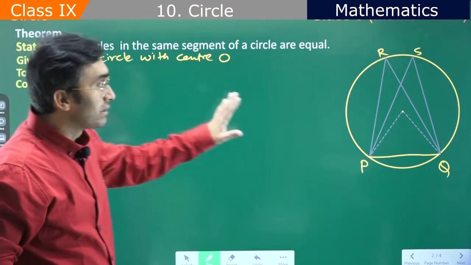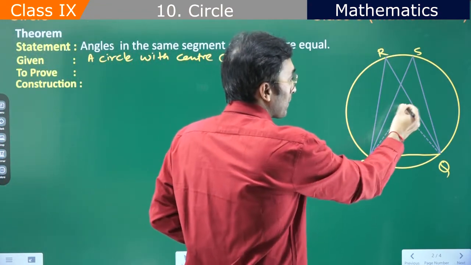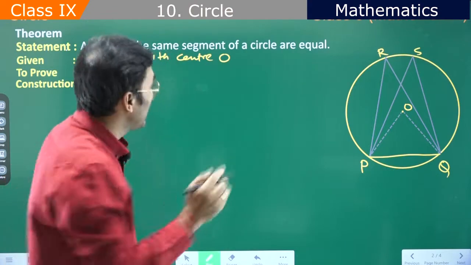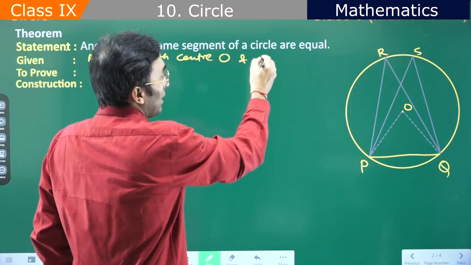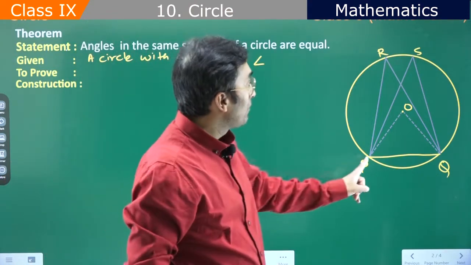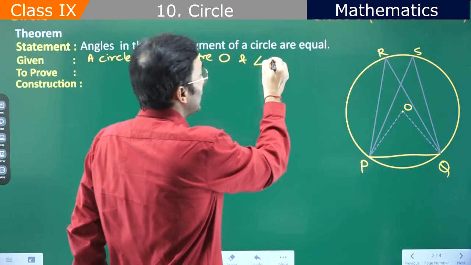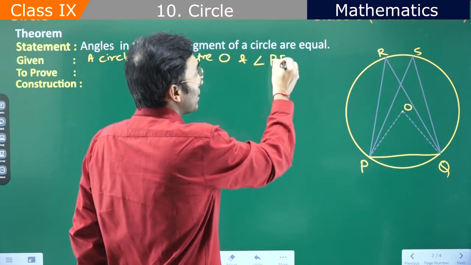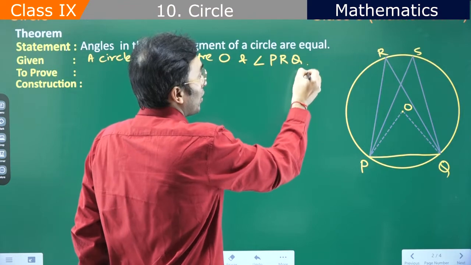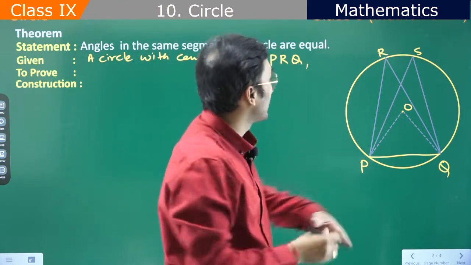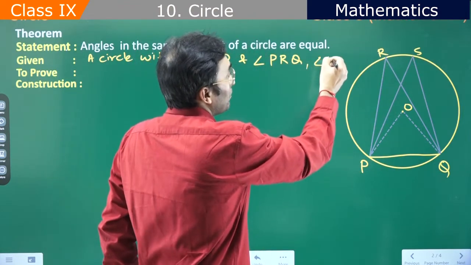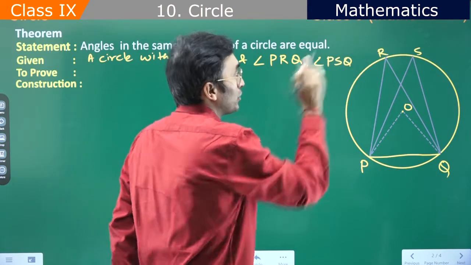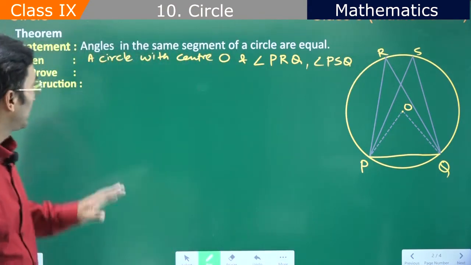And we have two angles, which are the angles? Angle PRQ, comma, next angle is PSQ. Now these two are the angles.